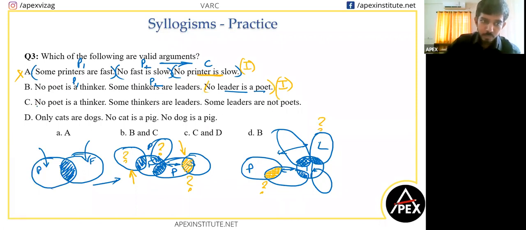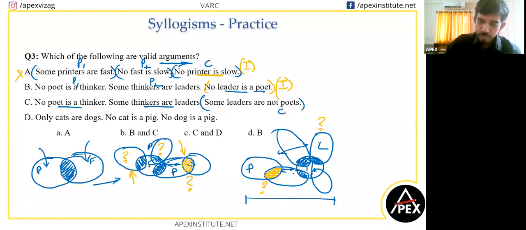Next one, same question. No poet is a thinker. Some thinkers are leaders. So let's use this. We already have it in front of us. Some leaders are not poets. This is a conclusion.